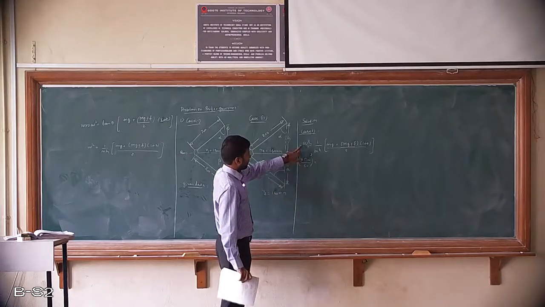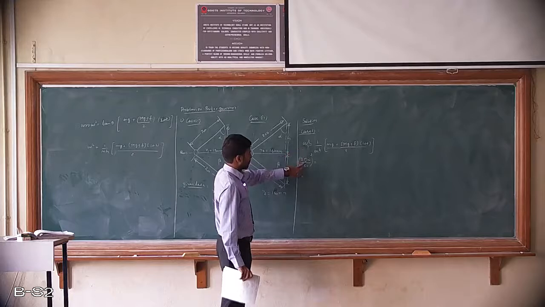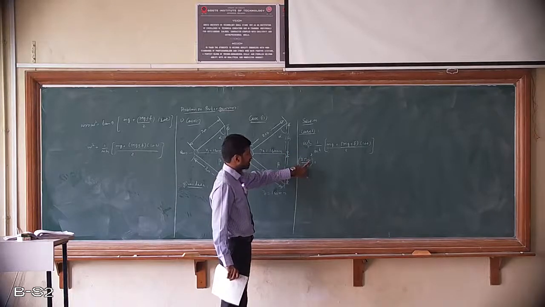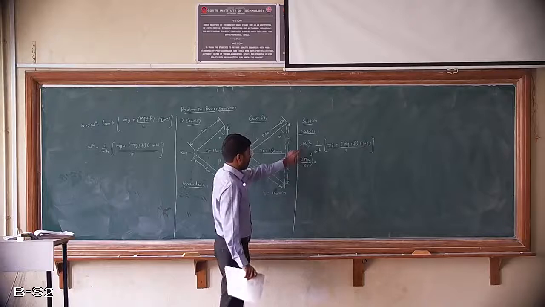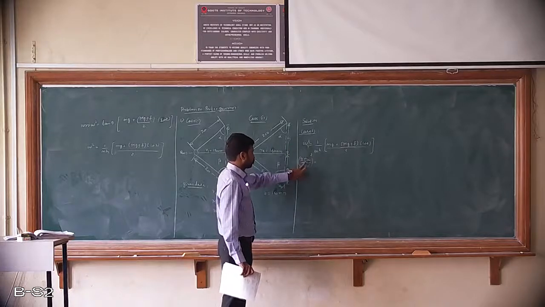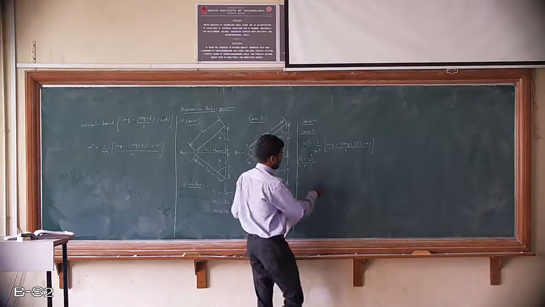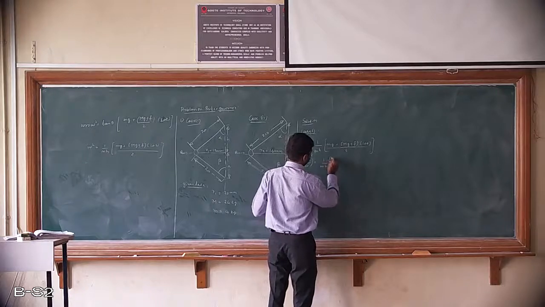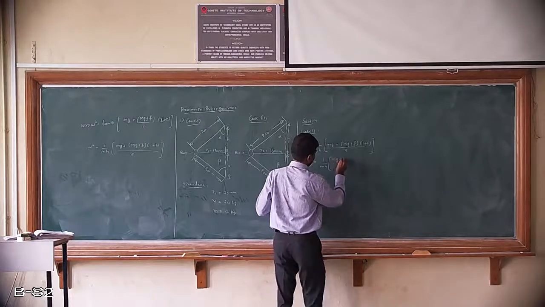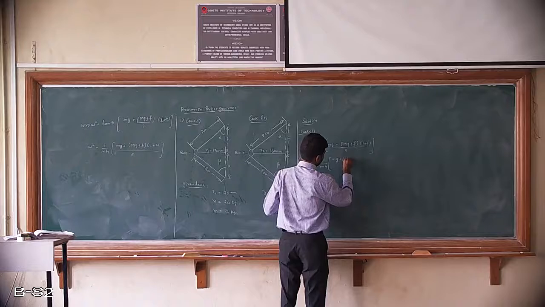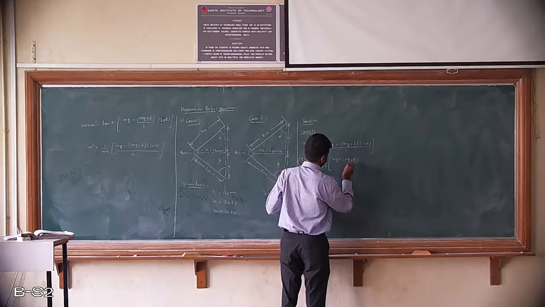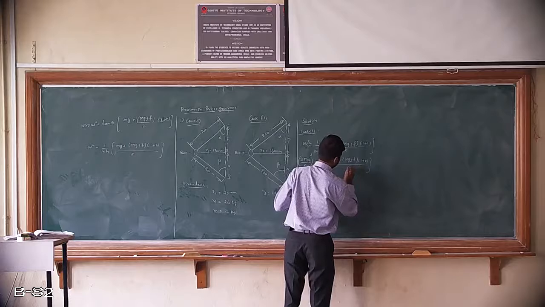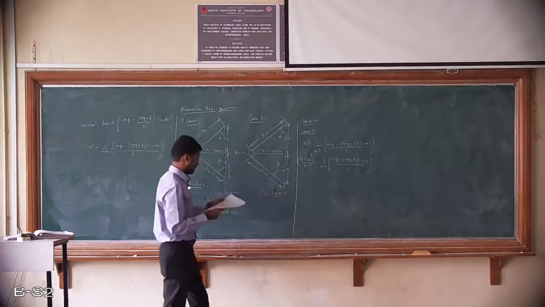I am writing omega as 2 pi n1 by 60 because we need to find out the speed, which is mentioned as n1. So omega 1 is 2 pi n1 divided by 60 whole square is equal to 1 divided by mh into bracket mg plus or minus f into bracket 1 plus k divided by 2.